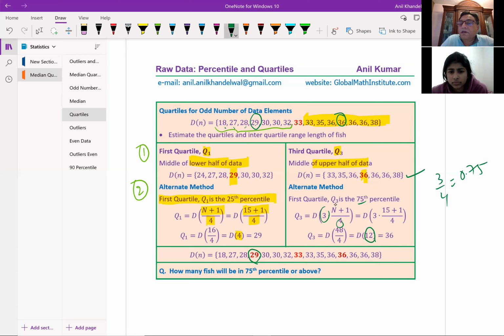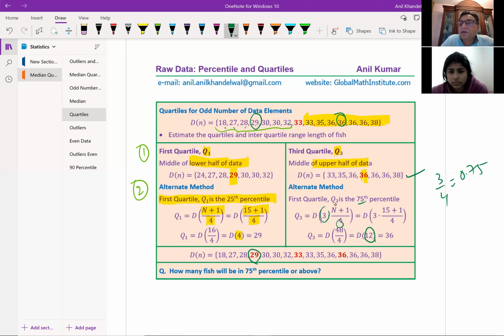So we'll look at the eighth term. In this case, 1, 2, 3, 4, 5, 6, 7, 8. The eighth term for us is 33. And therefore, the median is 33. You get the idea? That is how we'll find the median when an odd number of terms are given to us.